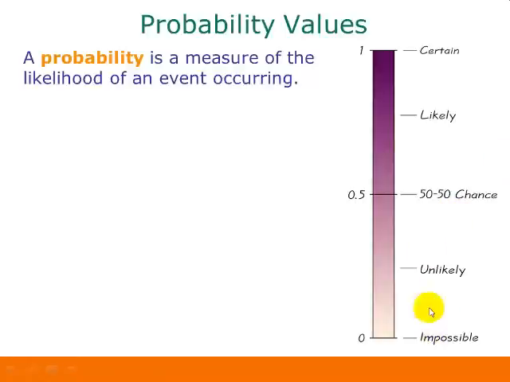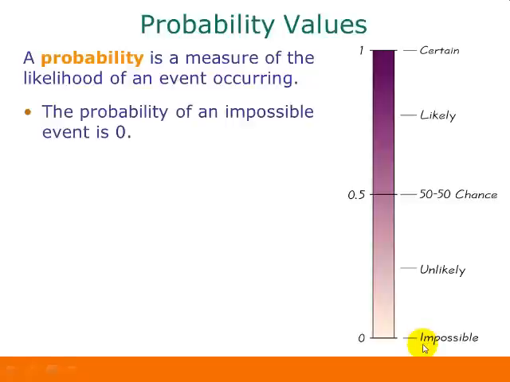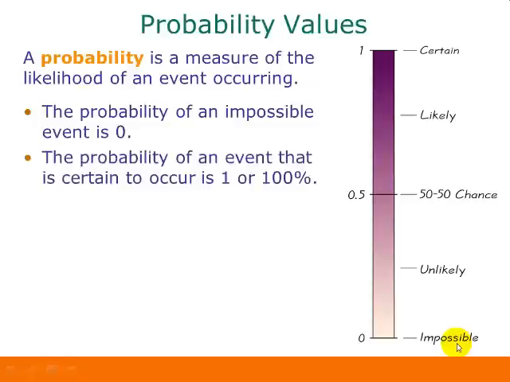So we've got a range of possibilities for our probability values. Starting at the bottom, if our event is impossible, or it's something that can't happen, then the probability is 0. On the other end, the probability of an event that is certain to occur, or that has already occurred, is 1, or 100%, if we want to put it in percentage terms.